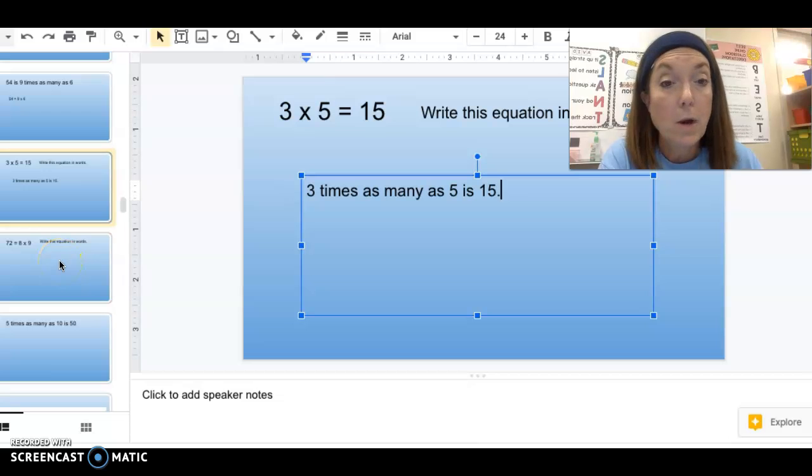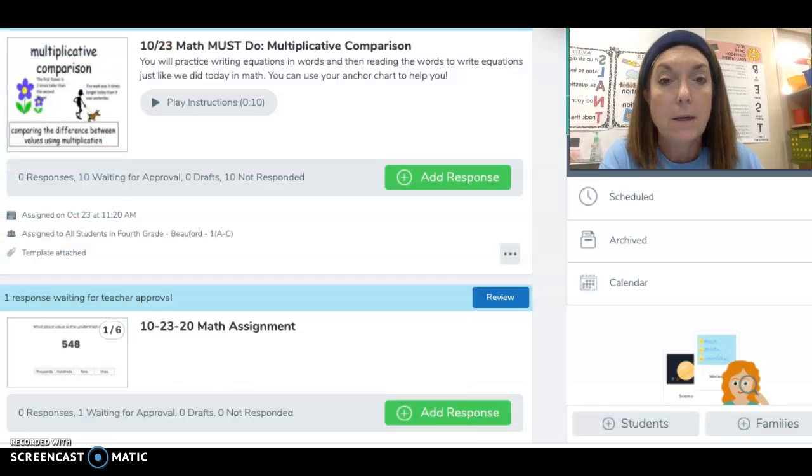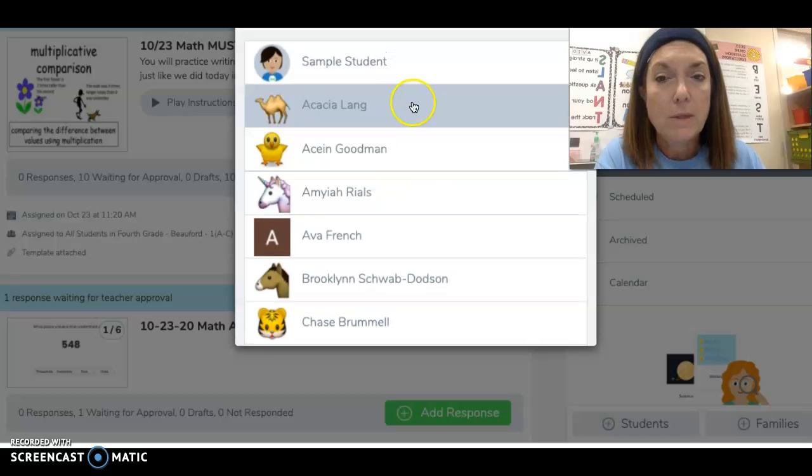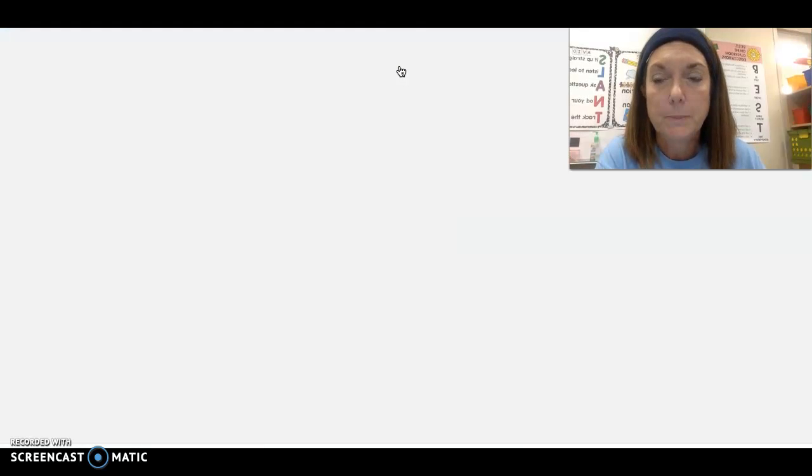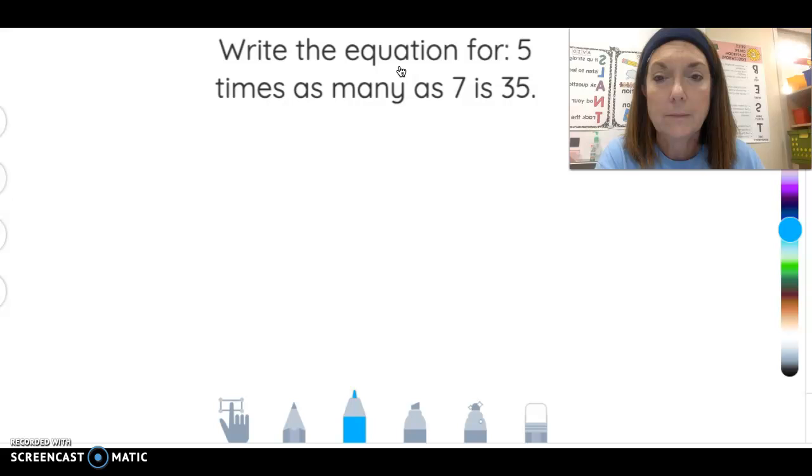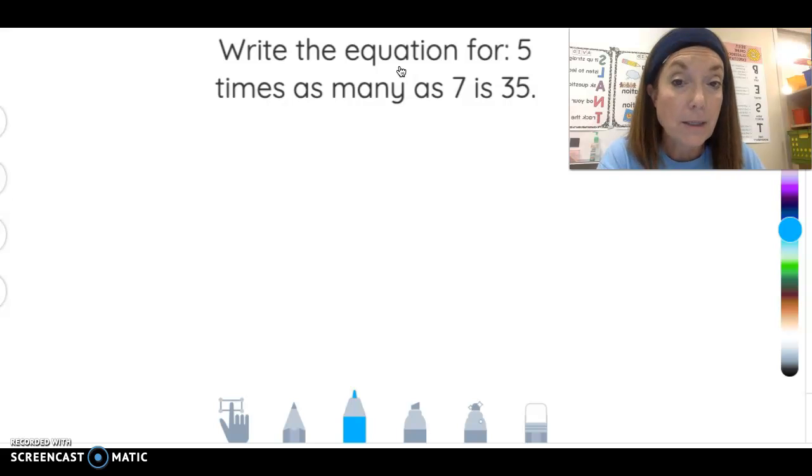Okay, let's just go straight to your assignment on Seesaw. It's multiplicative comparison. Remember, I will be sample student. Here, first page, write the equation for 5 times as many as 7 is 35.